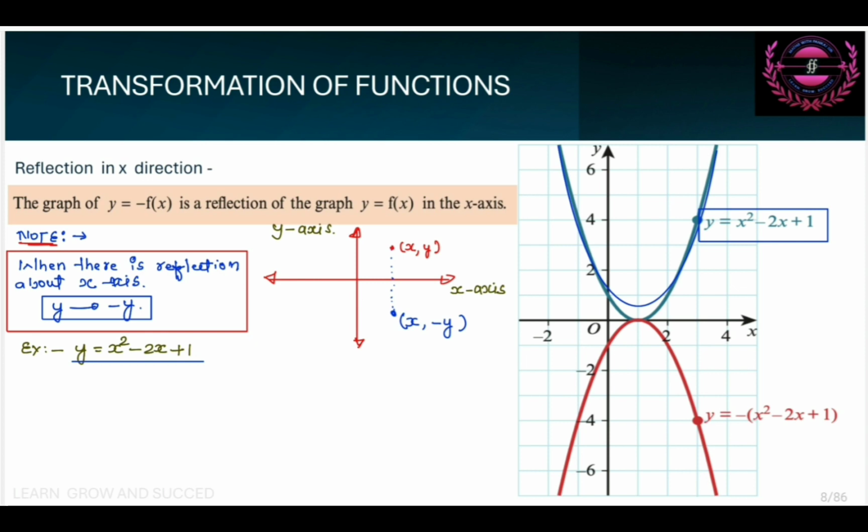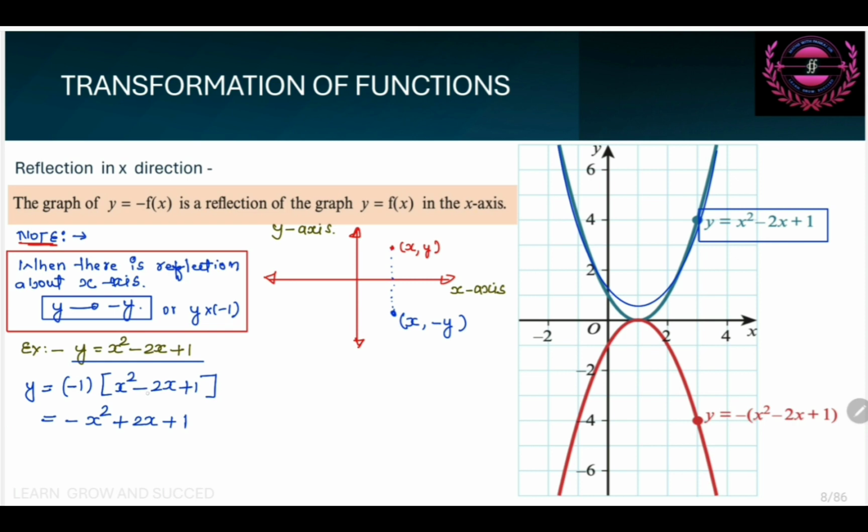So I will have to multiply the complete function with minus 1, or find the negative of the function. So the graph after reflection in x direction will be minus 1 into the original function x square minus 2x plus 1, and now the graph becomes minus x square plus 2x minus 1.